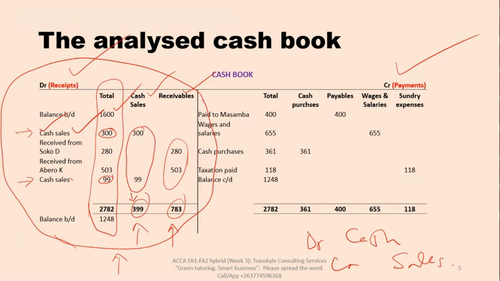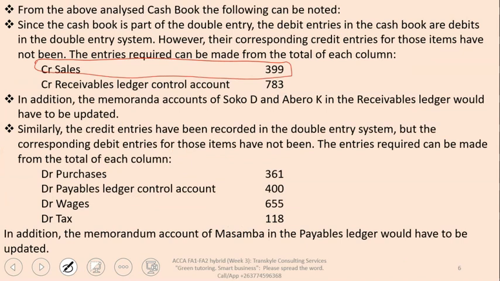So in this case, cash was debited with 399, but the corresponding credit entry was credit sales 399. So this is what this statement means.